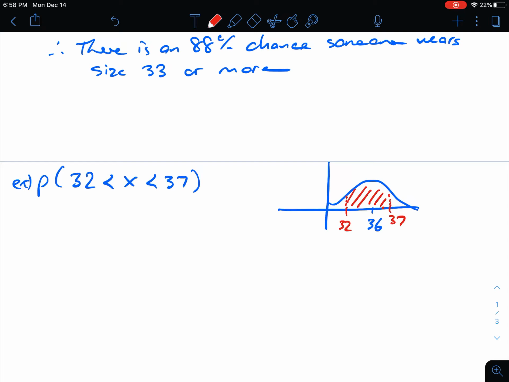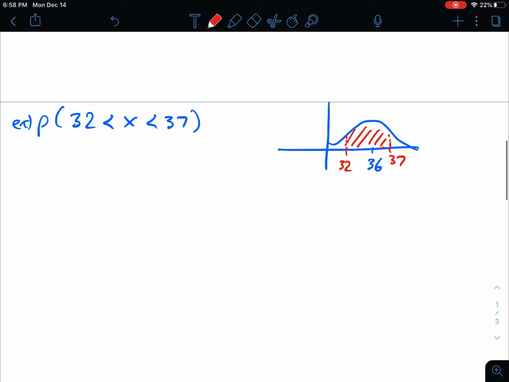One thing we got to remember is that with the normal table that we're going to be using, those values are always less than. They're always less than. So the way we're going to solve this is this. We're basically going to figure out the area at 37. Okay, that's going to give us all of this.